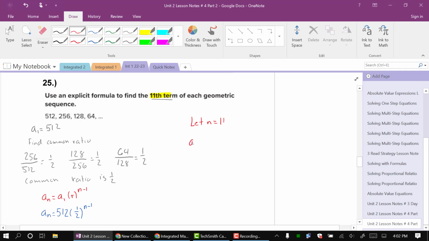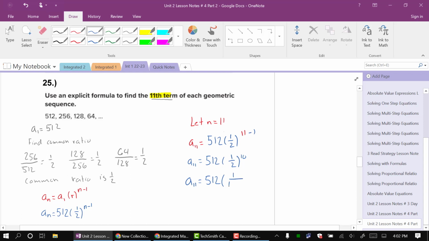That's going to give me a_11 equals 512 times 1/2 to the 11 minus 1. Well, 11 minus 1 is 10, so it's going to give me a_11 equals 512 times 1/2 to the 10th.